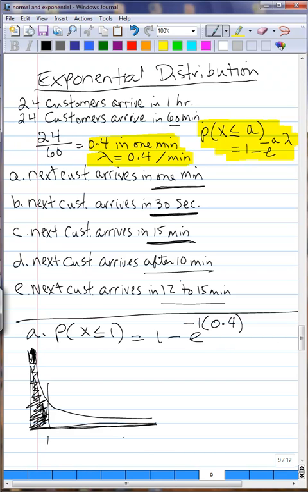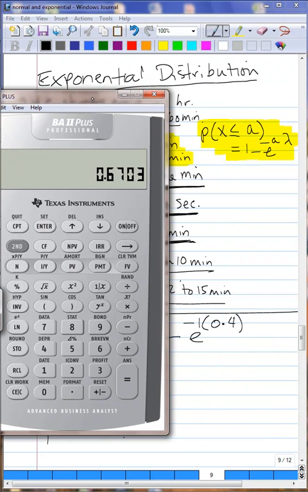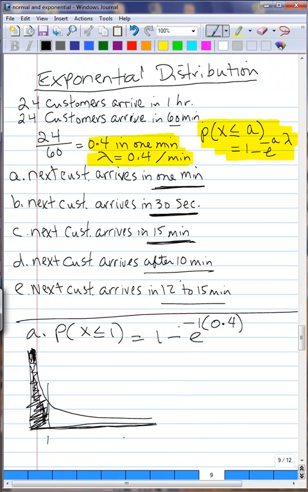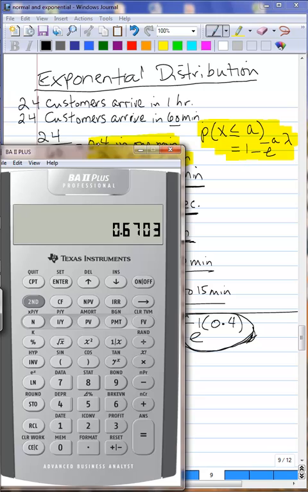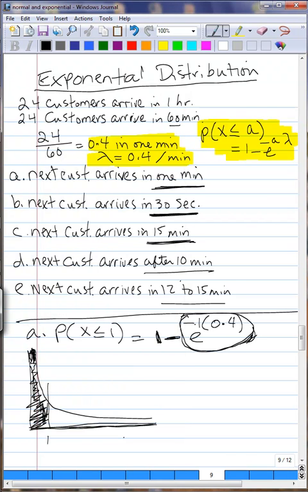So using our calculator, I'm going to first solve for this e term right here, and then I'm going to subtract it from 1. So here is how we're going to plug these numbers. I will clear out. At the exponent, we have negative 1 times 0.4.